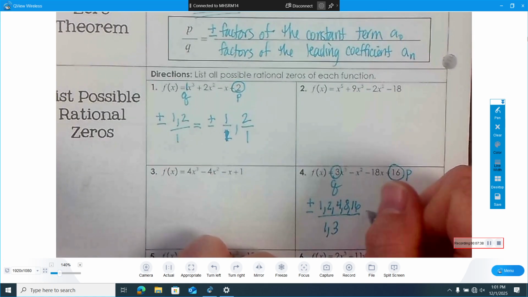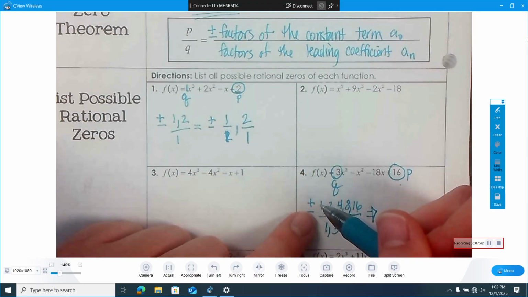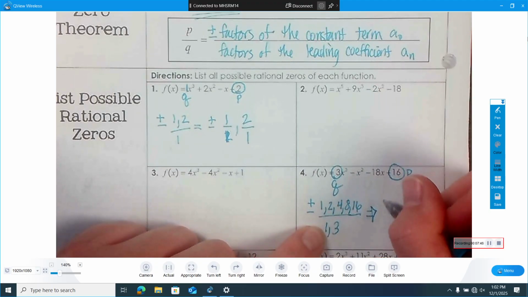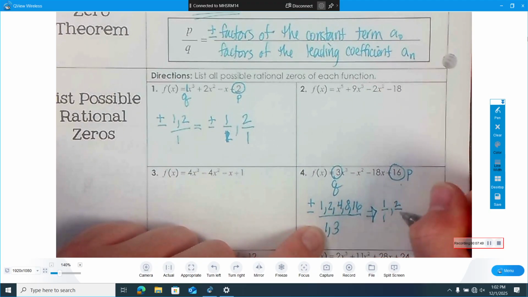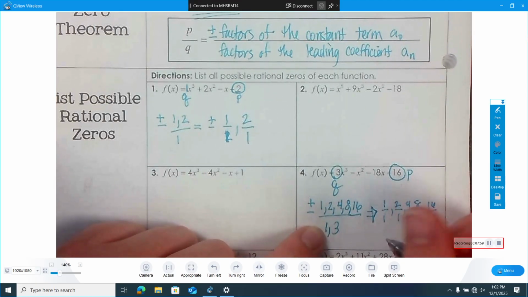So now what we have to do is generate this possible list. Well, I'm just going to take 1 over everything over the 1. So 1 over 1, 2 over 1, 4 over 1, 8 over 1, 16 over 1, everything over 3.